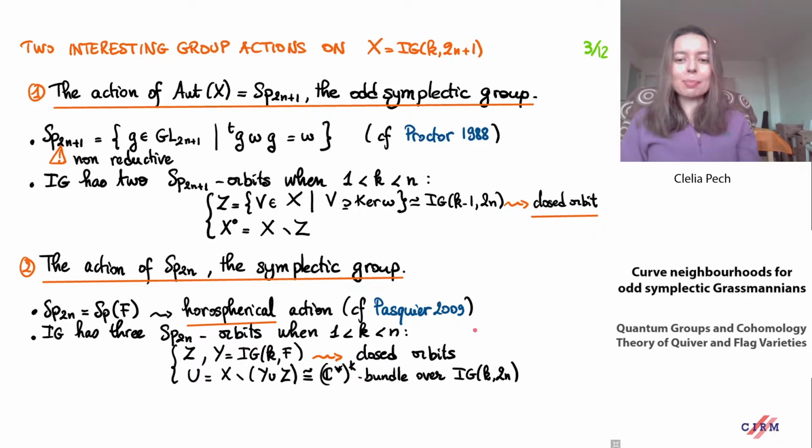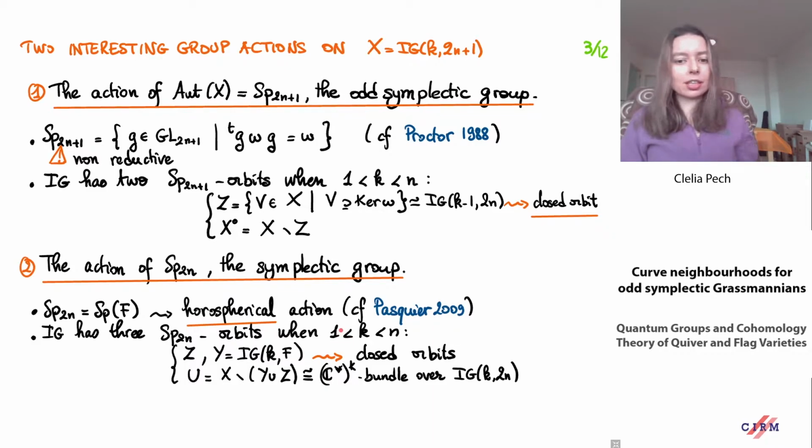So I mentioned that Pasquier had studied a family of varieties called horospherical varieties in his thesis and in this paper. This group is just the symplectic group, Sp2n. And for this, I have more orbits. I have 3 orbits. I still have the Z, but I have an extra one, which consists of all the subspaces that are contained in my complement of the kernel here.